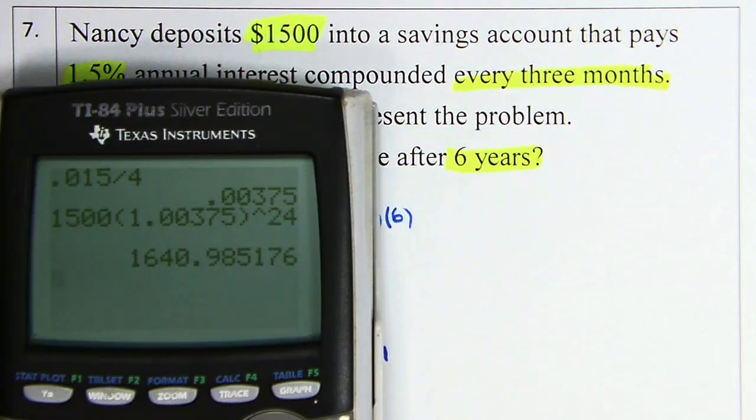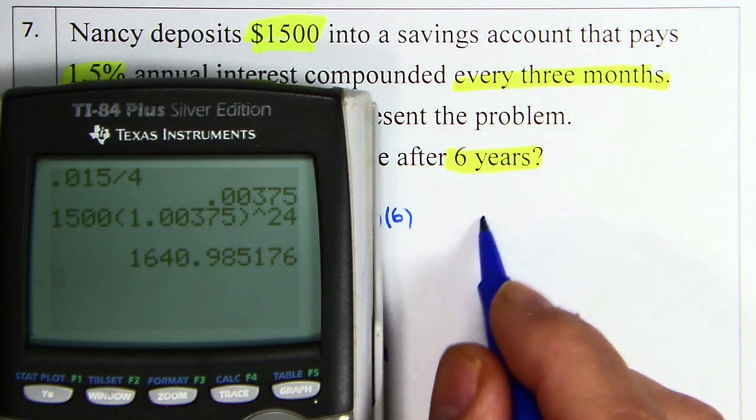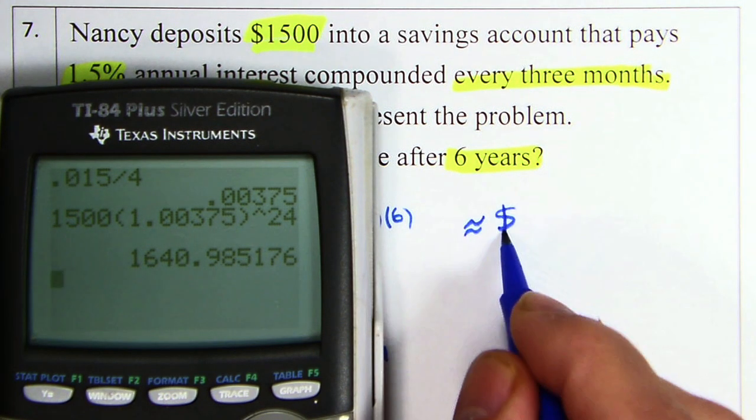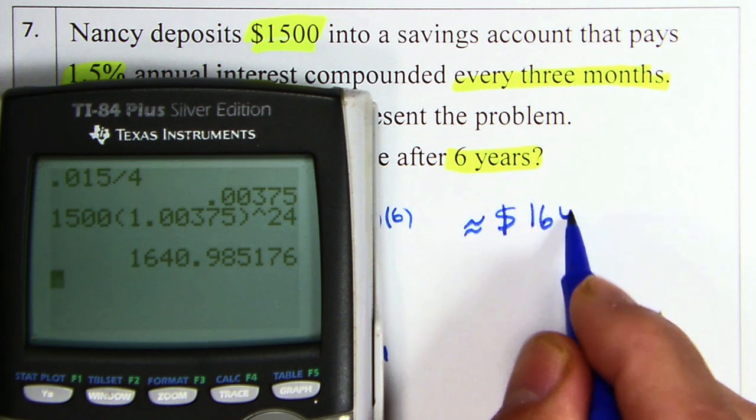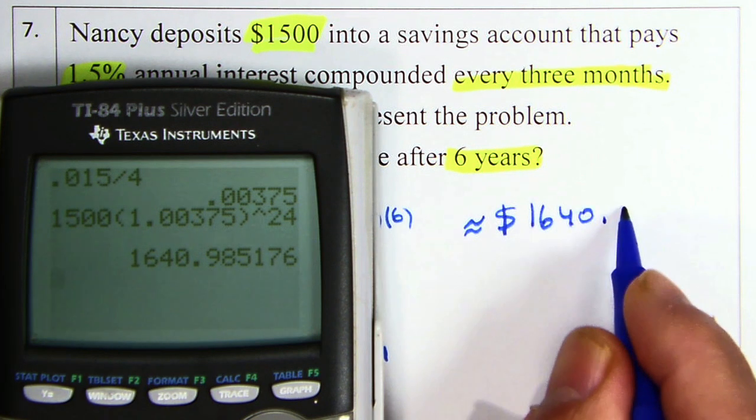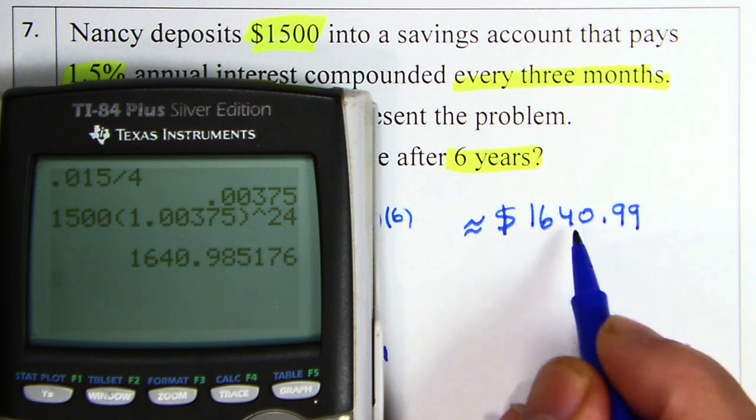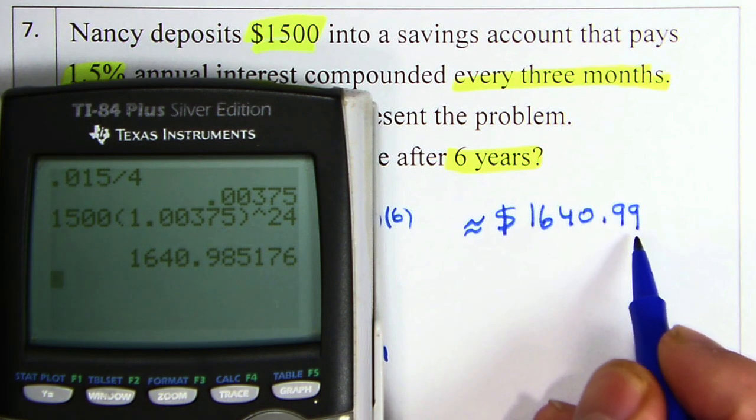So the answer is approximate to 1640.99. In money, we always round to 2 digits.